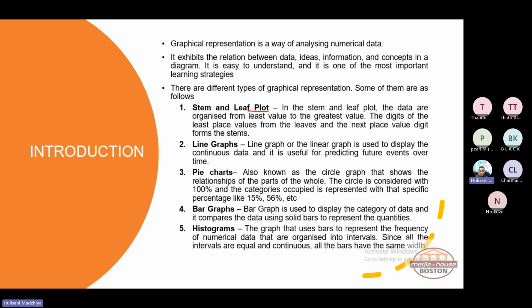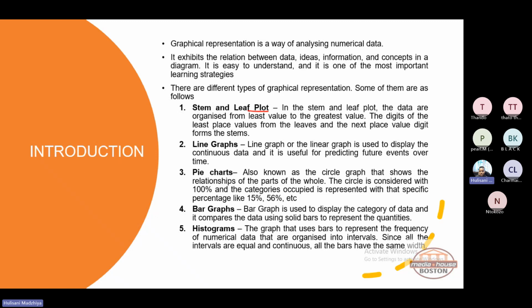It will not change, it will still be read as 23, but it will also give us the number of data items falling within one specific category, to say that this category has 15 data, or has 4 data, and those data are counted as leaves, and the categories are the stems. So that is the stem and leaf plot.